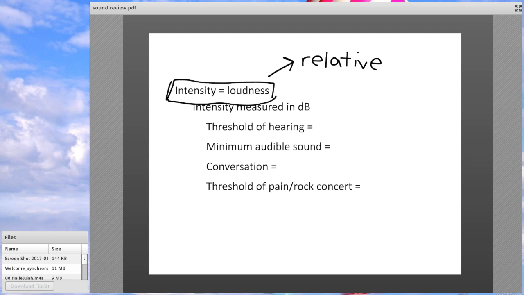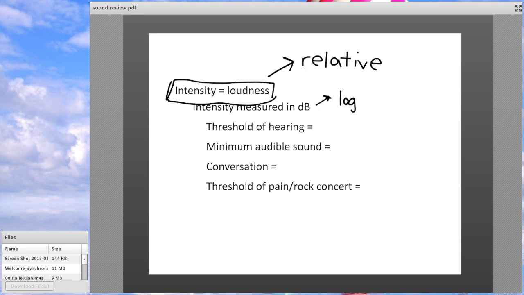So that's relative. So then we have this intensity scale, which measures relative loudness, or gives us a way to discuss loudness in a way that is the same for everyone. And so the decibel scale is logarithmic, like the pH scale.